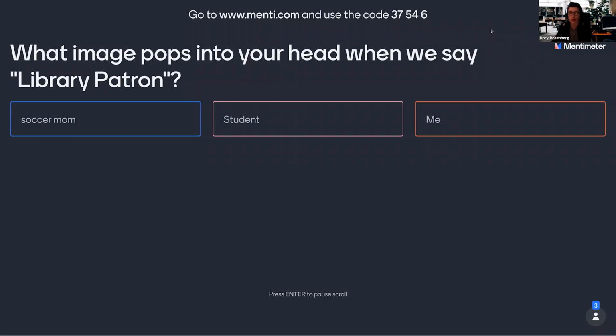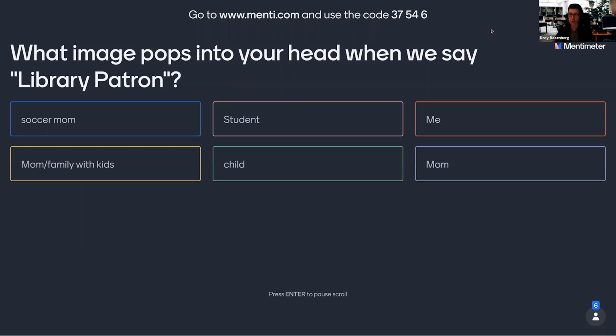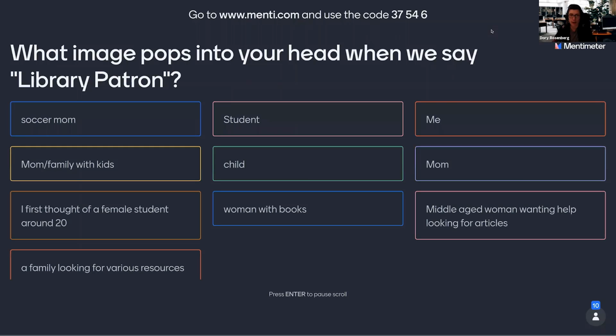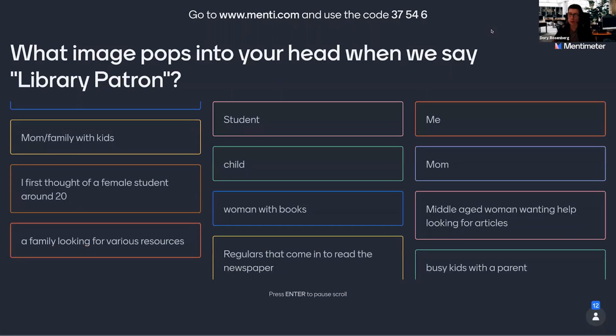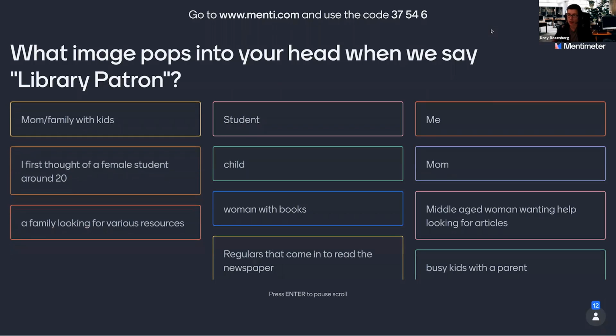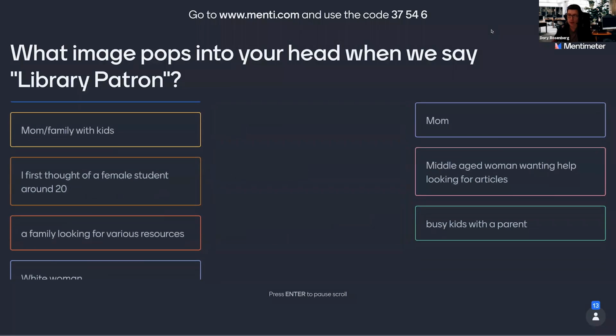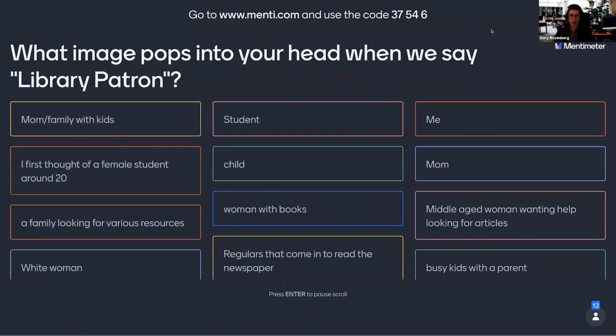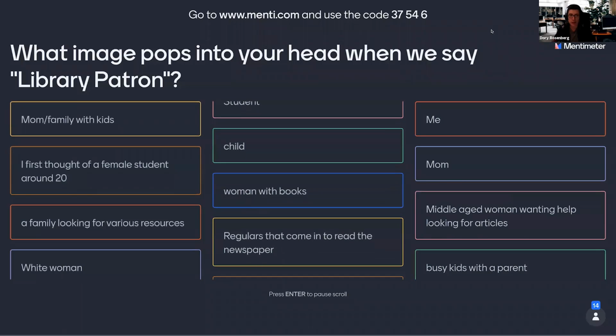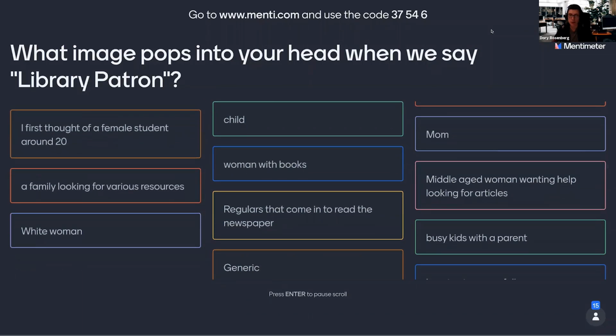We have soccer mom, student, me. That's true, we often see ourselves in those that show. Mom or family with kids. Children, another mom. A female student around 20, a woman with books. Middle-aged woman wanting help looking for articles. Library regulars that come in to read the newspaper. Busy kids with a parent. A white woman, a family looking for various resources.